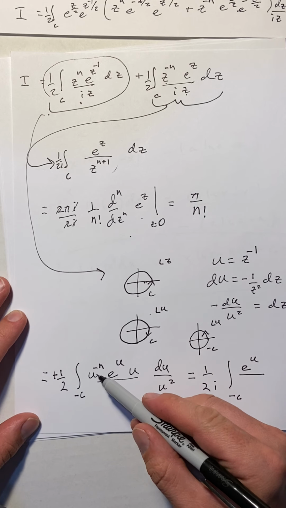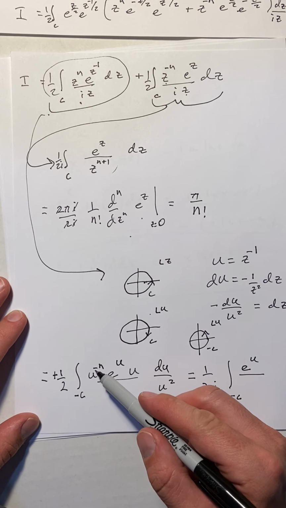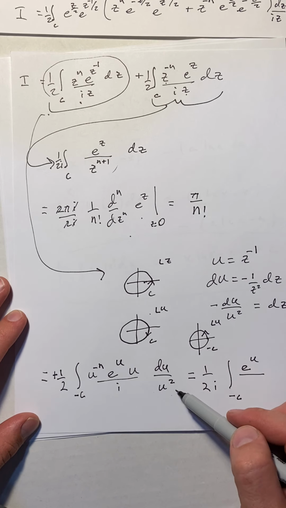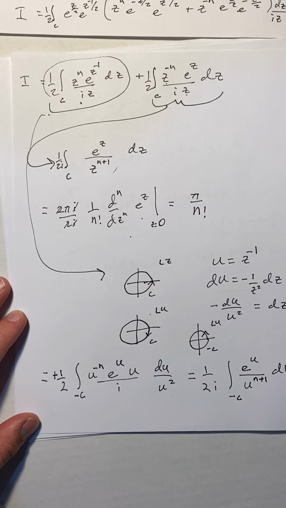I have a u to the minus n, and the exponent would be minus n plus 1 minus 2, so that would be u to the minus n plus 1 du.